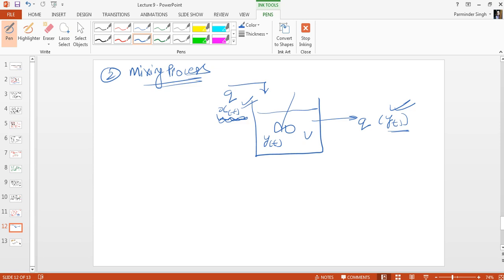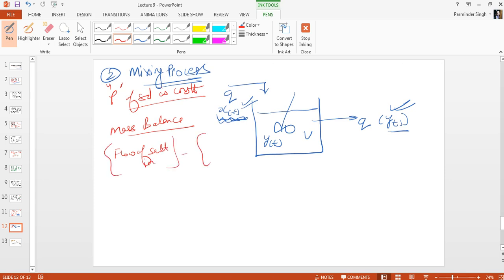So for this, let's assume that the density of the fluid, or the density of the solution, is constant. Clear? So we'll apply the mass balance, that is flow of salt in minus flow of salt out is equal to rate of accumulation of salt in the tank.